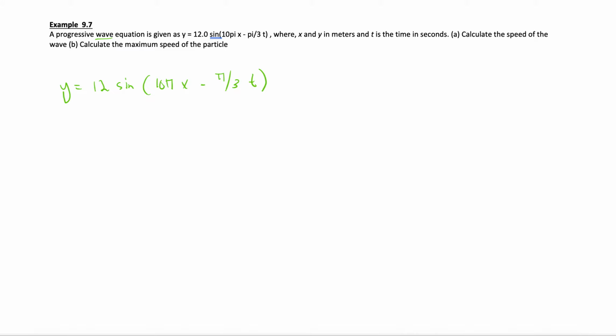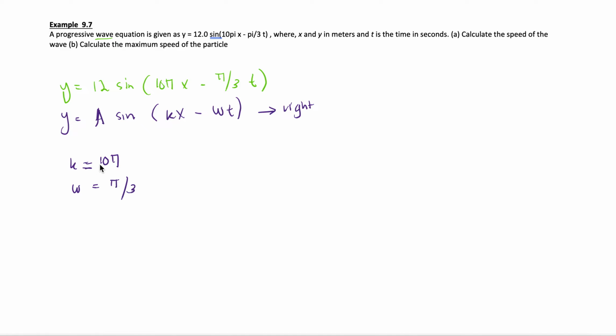So it's a wave equation. It's not an SHM. If I were to write my generic equation, it would look like this: A sine (kx minus omega t). If there is a minus, it means that it is moving to the right or moving forward. Okay, so your A is 12, your k is 10 pi, and your omega is pi over 3.